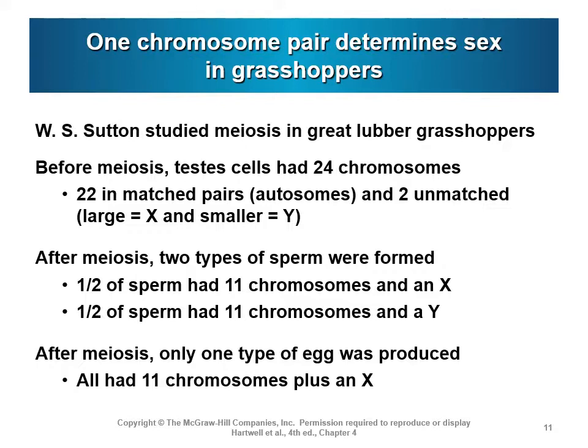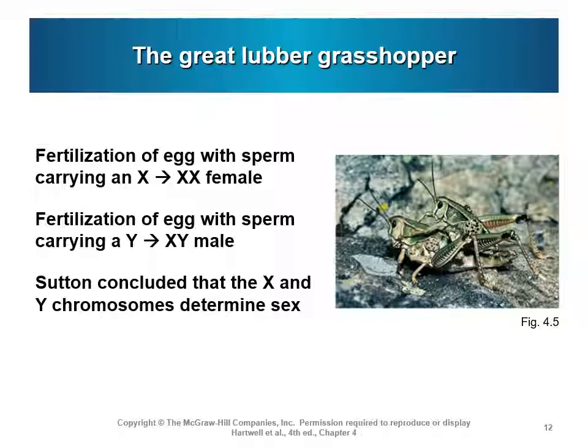Which means one chromosome pair determines sex. A fertilized egg with a sperm carrying an X chromosome will result in XX, female. Fertilization of an egg with a sperm carrying a Y chromosome will result in XY, which is male.